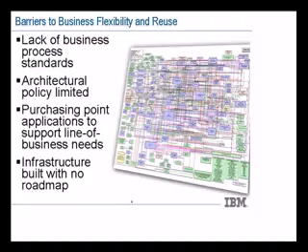Also, our architectural policies were probably limited. And so here we have an SAP tightly coupled to a PeopleSoft, tightly coupled to something else. And we've purchased point-to-point applications supporting each line of business and then tried to integrate them across the entire enterprise. And that could be what that purple application is in the middle, and feeds into everything else.